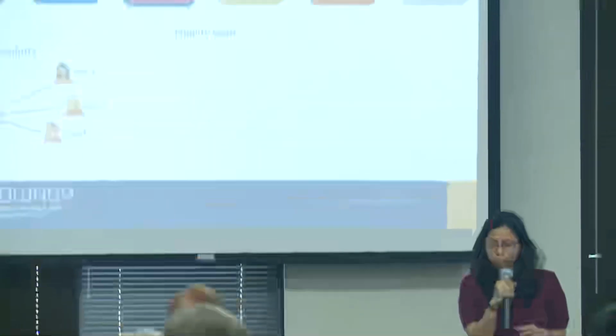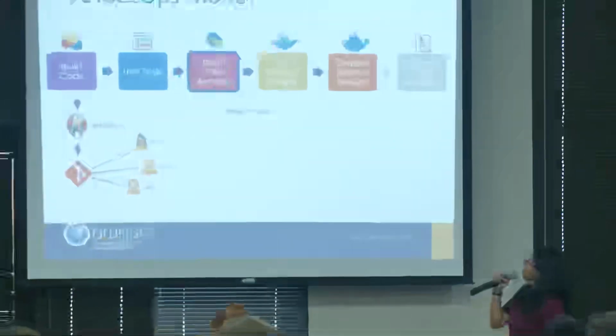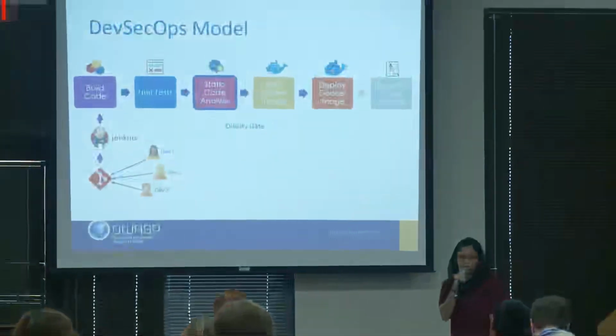Otherwise, if it's under the threshold, then I want to just give the green light and go forward. Imagine some enterprise may just say that if there's even one critical bug in my code, then I want to stop the build. Or if I have any medium or low severity issues, then I'm totally okay with that. I just add it to my backlog, and then I want to move forward with the cycle.